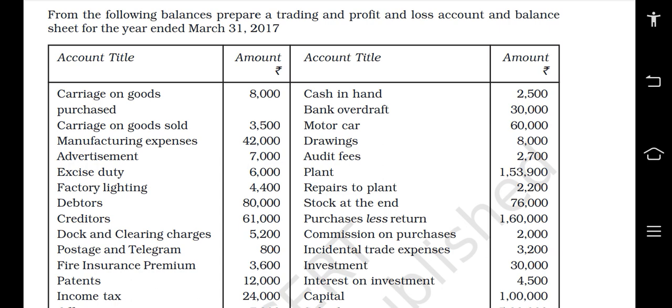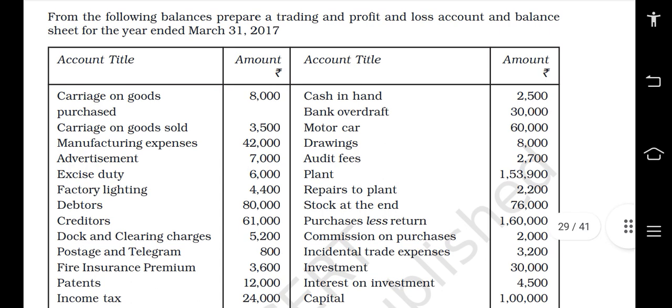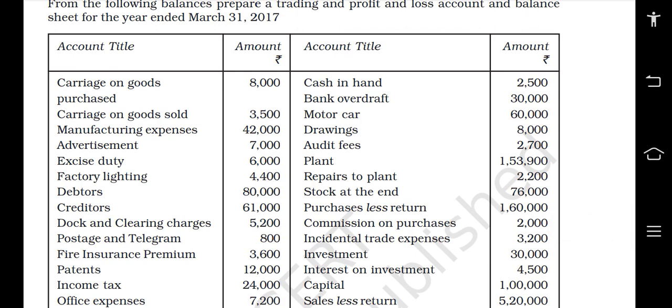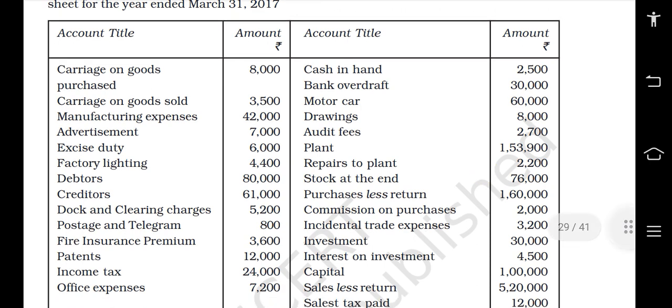Carriage expense means the expense we spend for carrying the goods, sometimes from the place of buyer to the factory, or from the factory to the buyer. For that we have to spend some money, that is carriage expense.